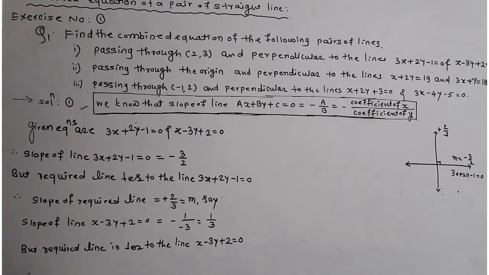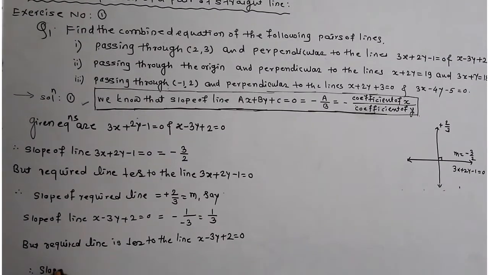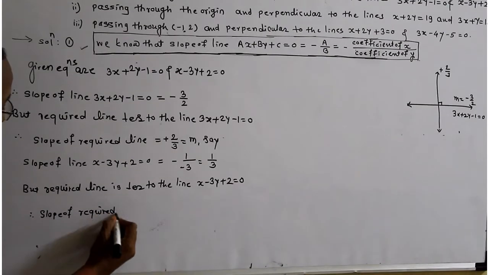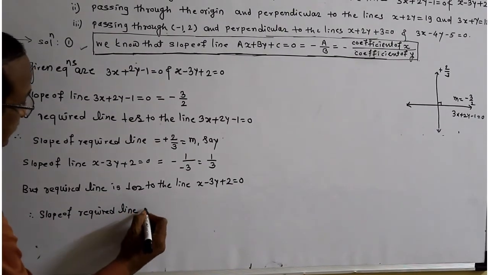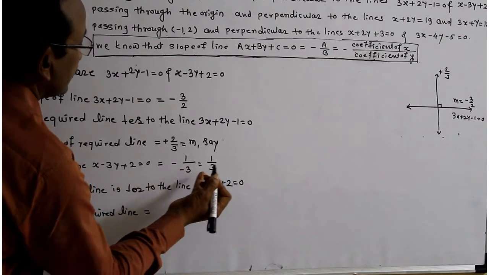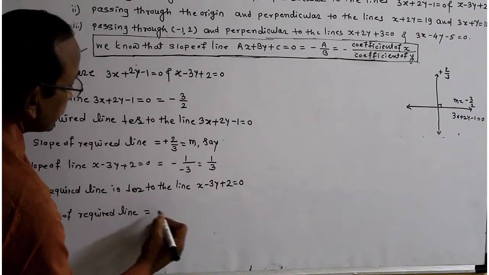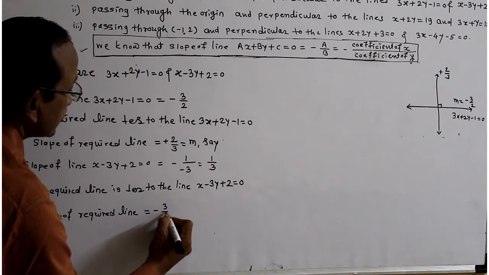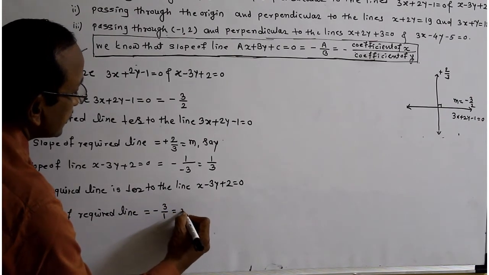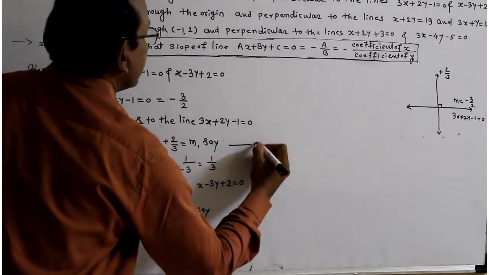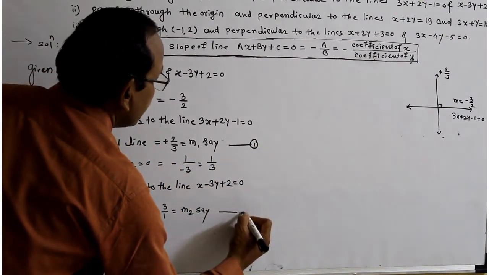So therefore the slope of the required line is, the slope of this line is plus here but in this it is minus, then the reciprocal of this is 3 upon 1, which is m2. So that is number 1 and this is number 2.